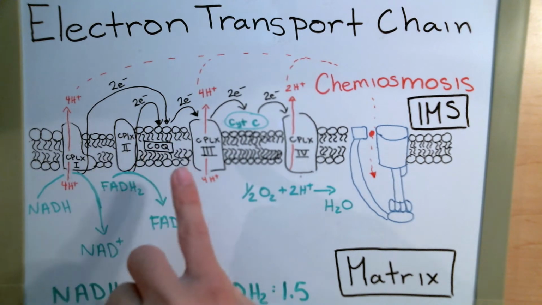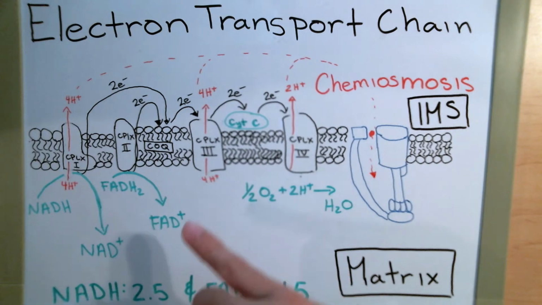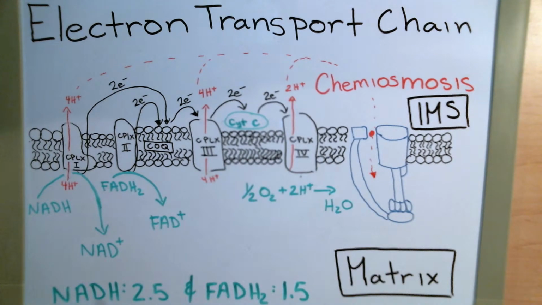And as these electrons are passed down the chain, more and more protons are also pumped from the matrix to the intermembrane space of the mitochondria. Now this does also happen for prokaryotes, but it happens within their cell wall. So as you can see here, because this happens in mitochondria, this is dealing with eukaryotes. Again, the concepts are the same, but just know that the location where this occurs is different for prokaryotes and eukaryotes.